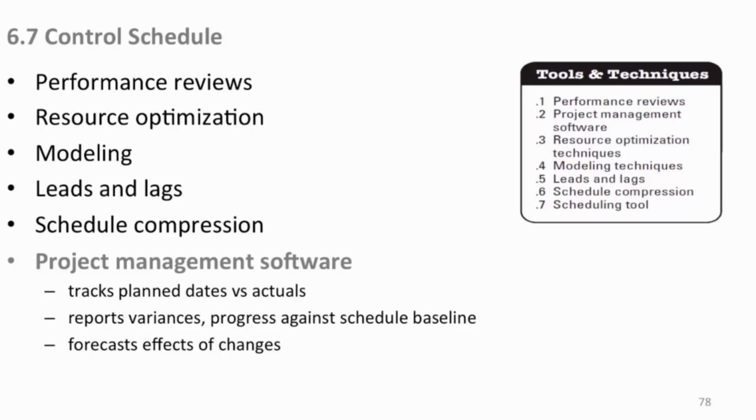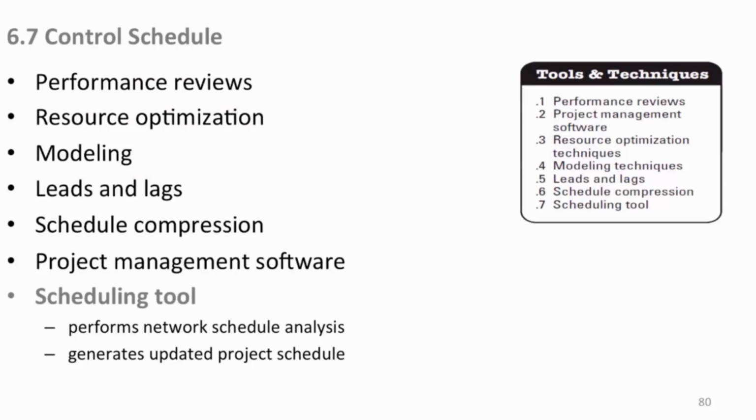You're going to need to do forecasting anyway. That's part of your job, so that you have a good jump on what may happen if you do nothing. Forecast. So then you've got to take some action. The actual scheduling tool itself will do the very detailed, complicated network and schedule analysis, especially things like critical chain and critical path. And it would then generate your updated project schedule with the actuals in it and however it plays out dynamically in the end.